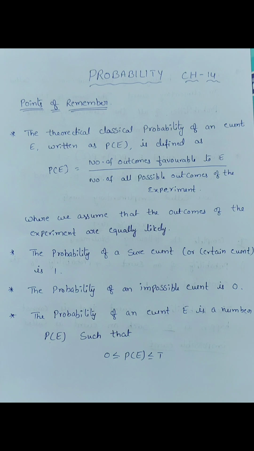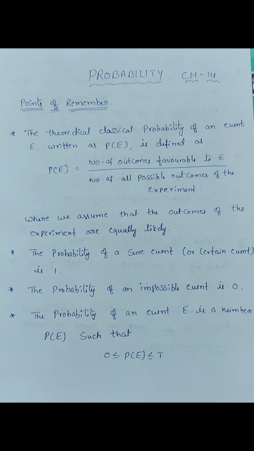Next point, the probability of a sure event or certain event is 1. Next point, the probability of an impossible event is 0.